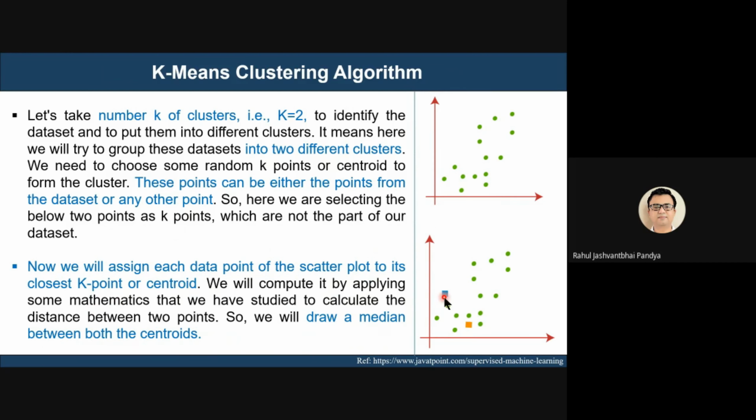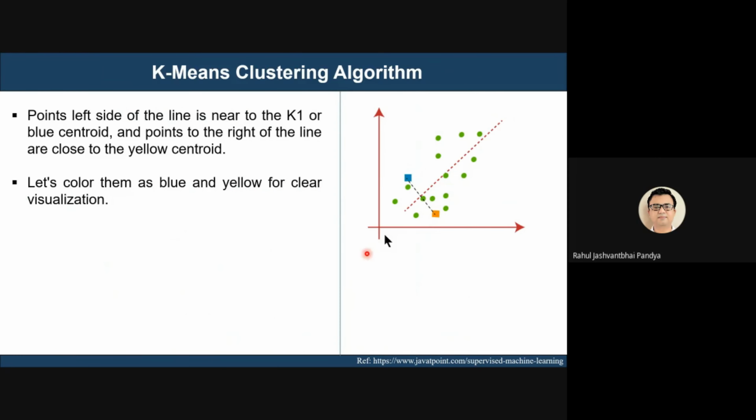So you can see this is my centroid. I'm going to keep assigning the data points which are closer to that centroid, and then we draw the median line between both centroids. Here you can see the points on the left-hand side of the line which are near k1.